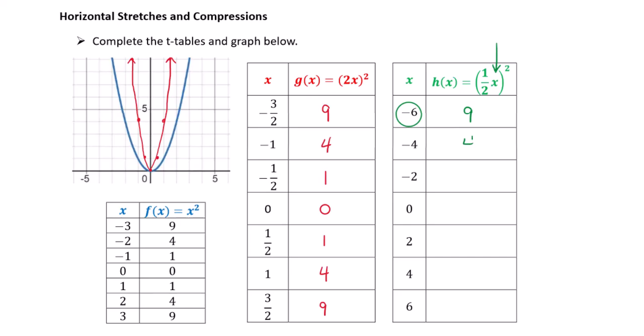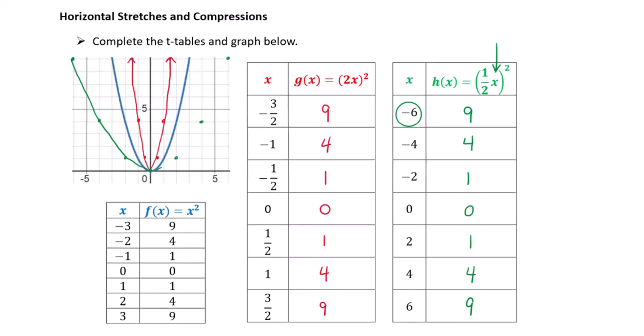All right, so I'm going to have the same y's as I had before. And graphing this, I'll have a -6, 9, -4, 4, a -2, 1, 0, 0, 2, 1, 4, 4, and 6, 9. Okay, and we connect those and try to make it as smooth as you can.